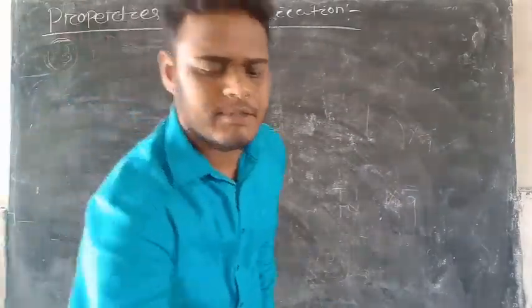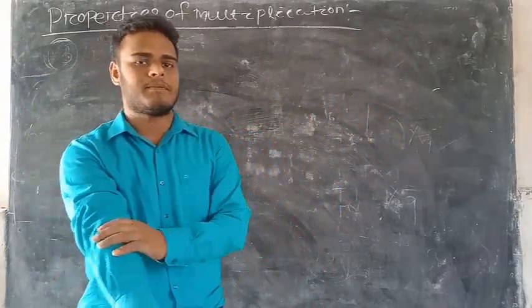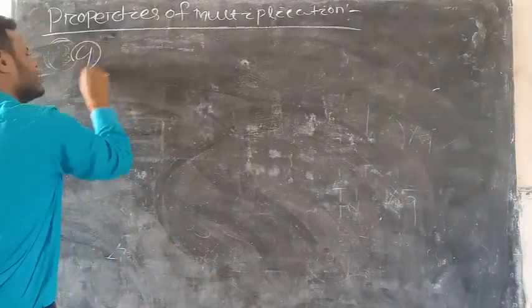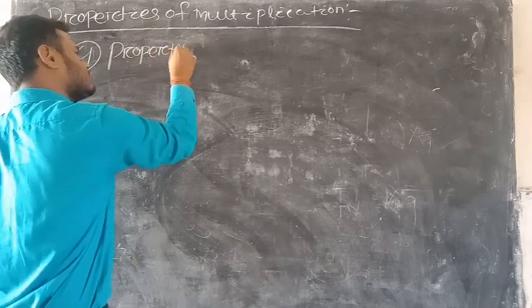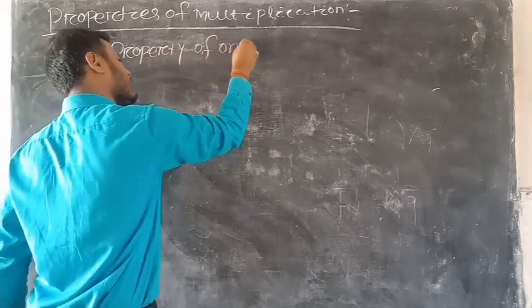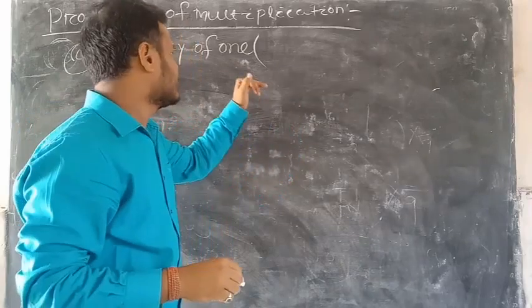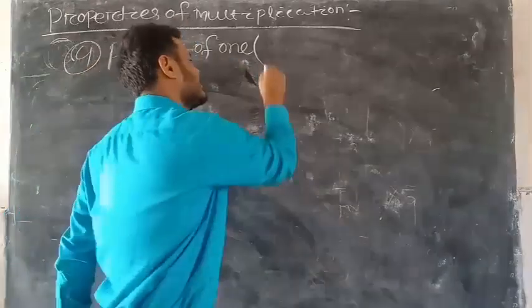As I have said in the addition, property of addition about the property of 0. Here I am writing the property 4, that is property of 1. It is also called multiplicative identity. A 1 mark question will also be asked.